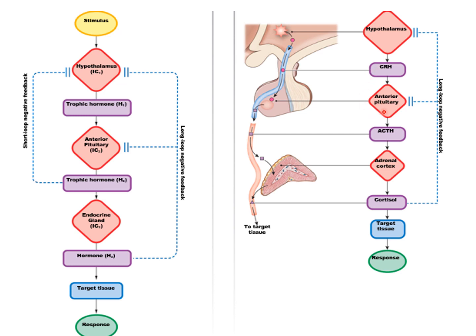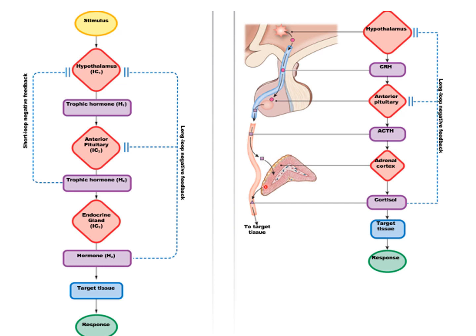Once the anterior pituitary is stimulated, it's going to produce another hormone known as ACTH, which stands for adrenocorticotropic hormone. Adrenocorticotropic hormone is going to travel down the bloodstream until it hits this gland right here, found on top of your kidneys, known as the adrenal gland.